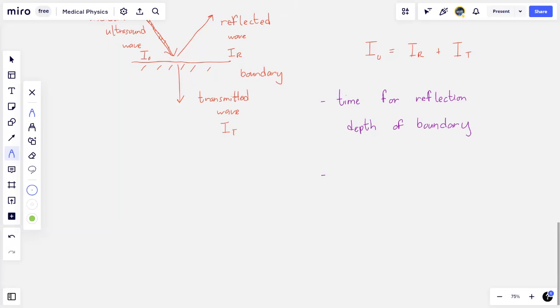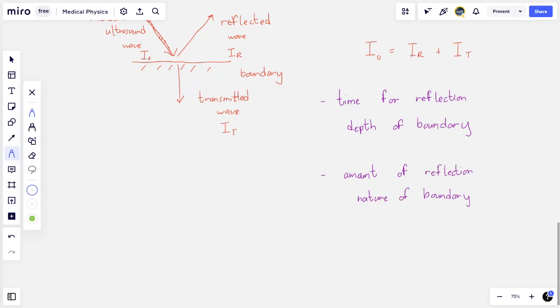And again, this is all picked up by the transducer and then converted to an electrical signal by a computer, and we can make the relevant images appear. The amount of reflection, simply the reflected intensity, tells us the nature of the boundary.